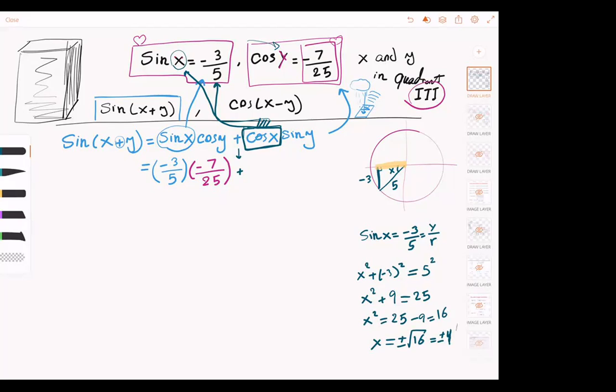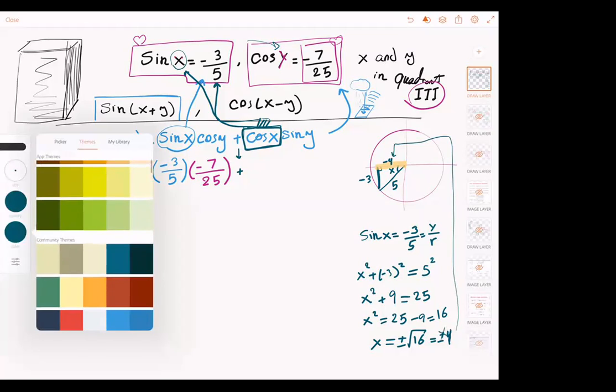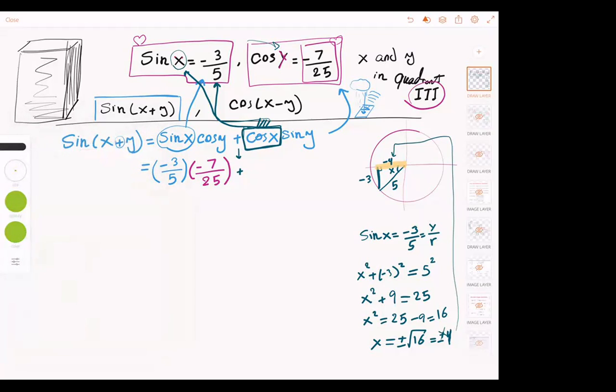So is that plus or minus? We are in this quadrant, correct? X is negative, so this will be -4. We don't accept the plus. So cosine of x will be x/r, which is -4/5.